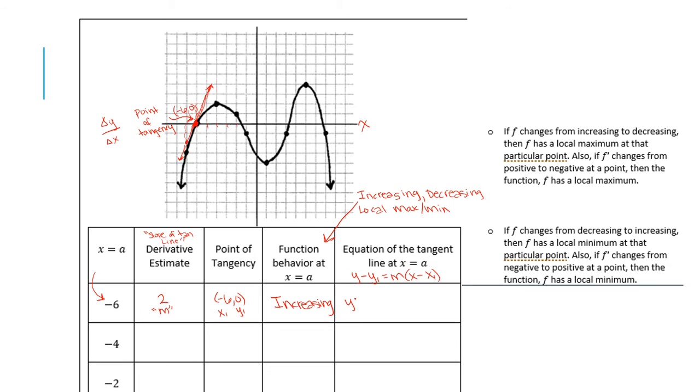So this looks like y minus 0 is equal to 2 times x minus -6. I do want to clean this up, and I'm left with y equals 2 times x plus 6.